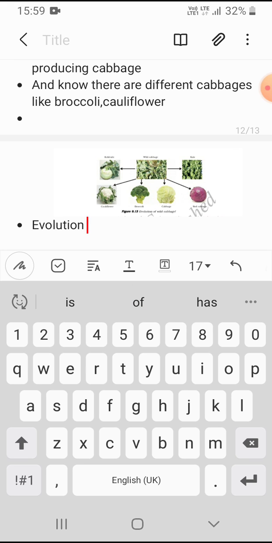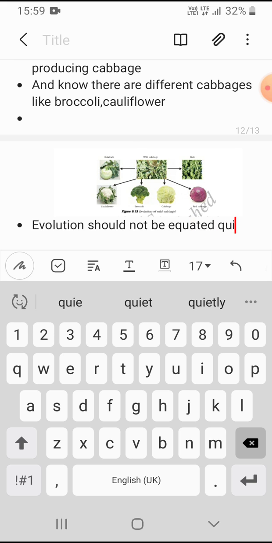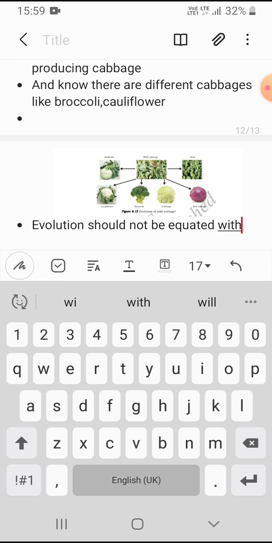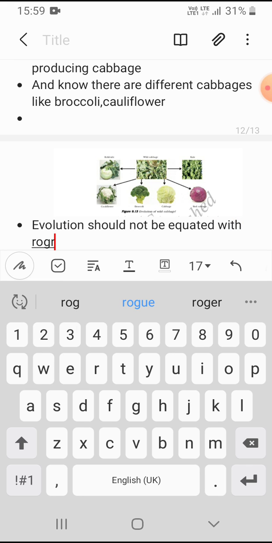Evolution should not be equated with progress. That is our next topic.